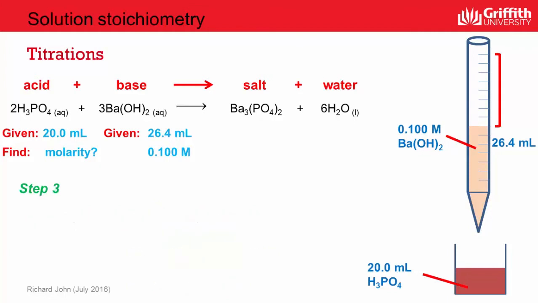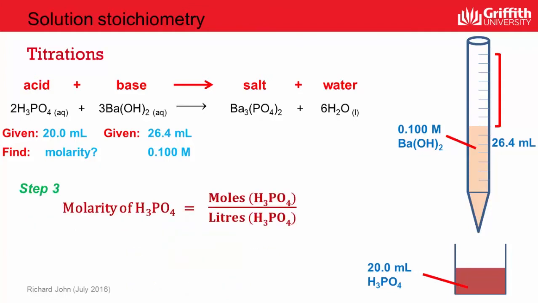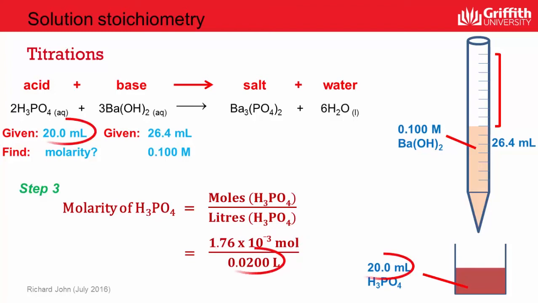So the final step now, step 3, we're calculating the molarity of the phosphoric acid solution. Molarity equals moles on litres, and we've just calculated the moles of phosphoric acid in step 2, and we already knew the volume of the phosphoric acid solution because we controlled that as part of the experiment.